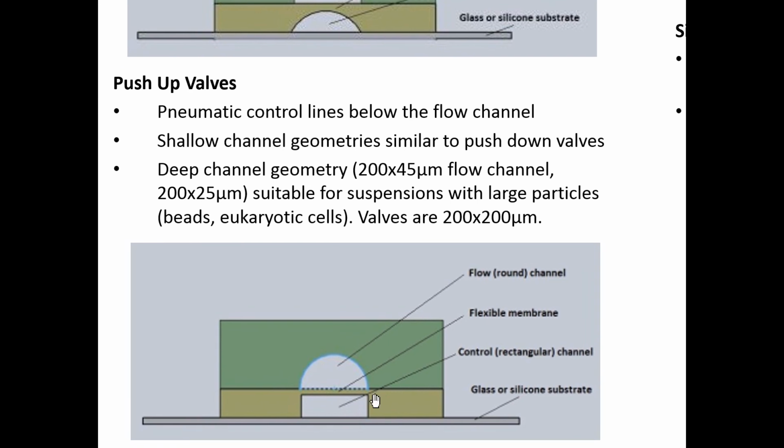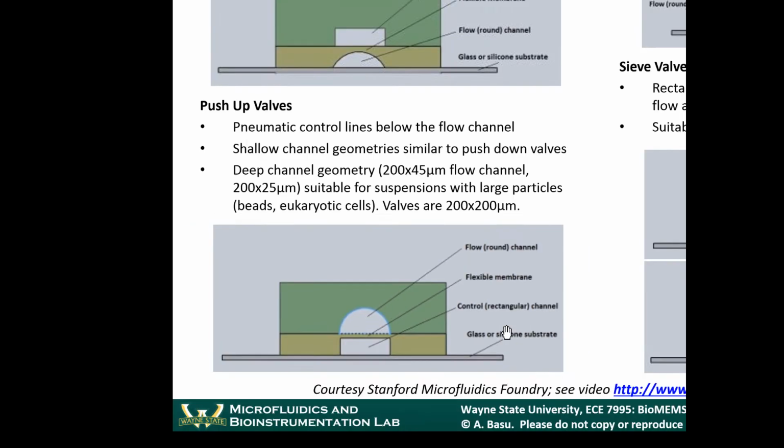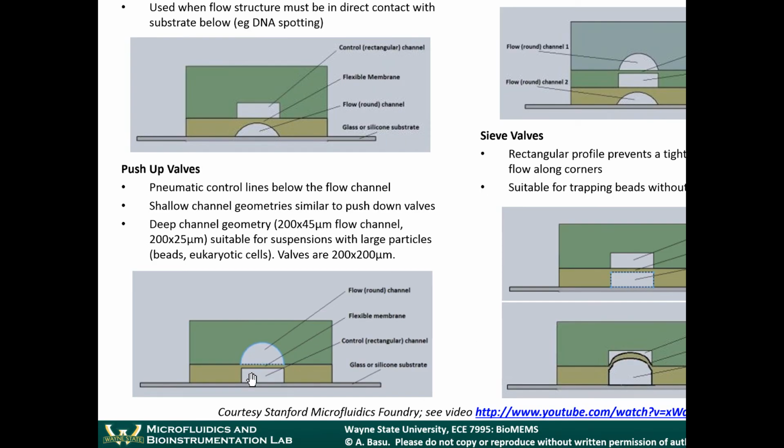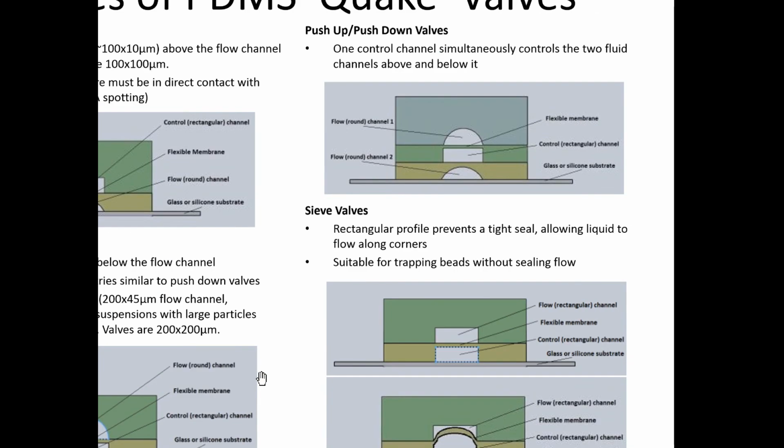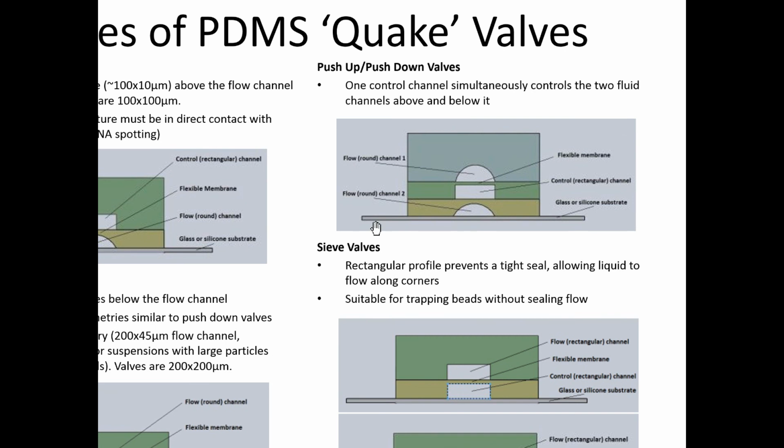So you basically apply pressure to the control channel, and you can deform this. A few other variations: push-up, push-down valves. If you have the control channel in the middle between two fluid control layers, then the same control channel can be used to block this one and block the one below at the same time.